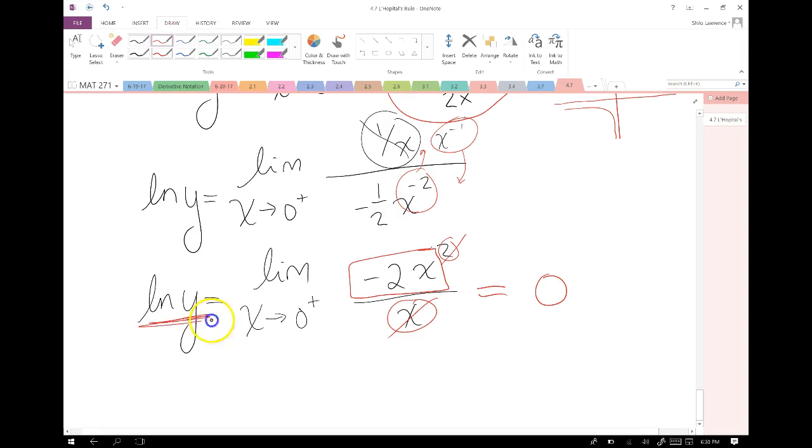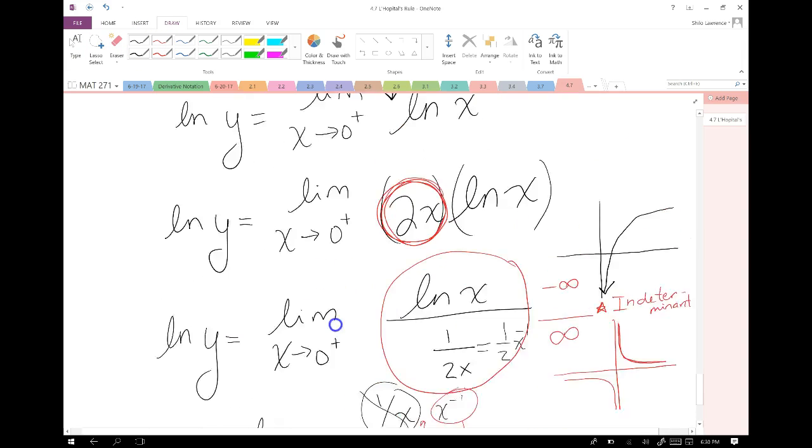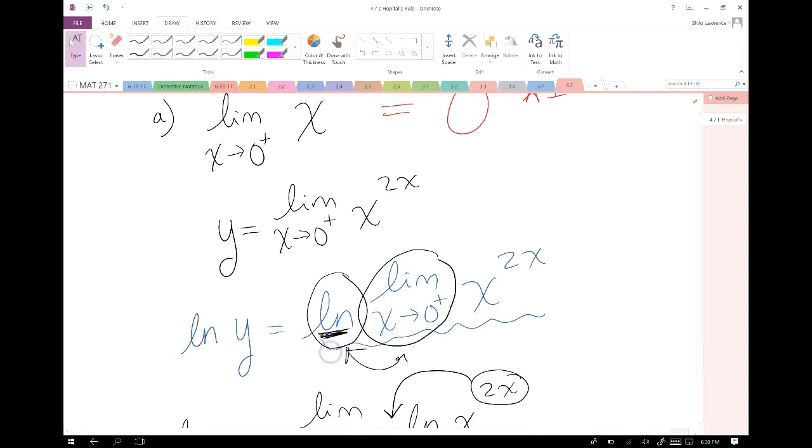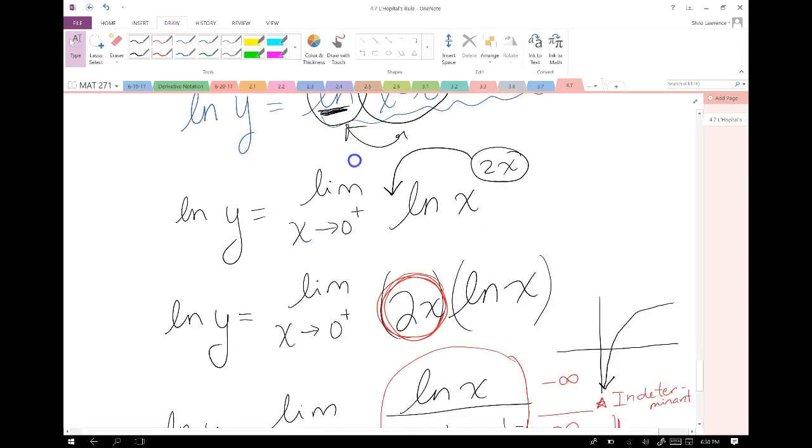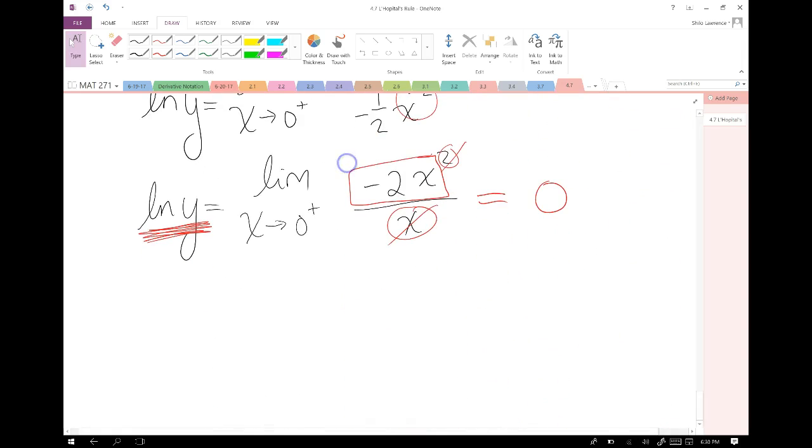And that's why I write this. Y is the original problem. Y is the original limit. What I have found is natural log of y. Natural log of y is equal to 0. And I want to turn that back into what y is equal to. So to get rid of the natural log, we apply an e on both sides, because e is what will cancel off the natural log.